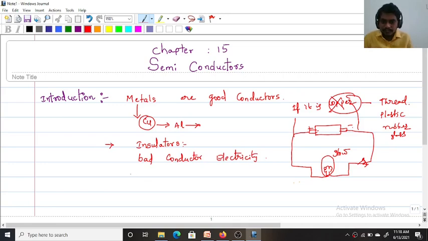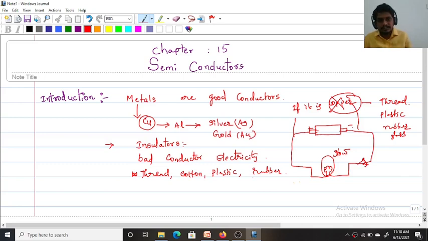Examples of insulators: thread, cotton, plastic, rubber, glass, etc. Examples of metals, as I already told: copper, aluminum, silver, nothing but Ag, and gold, nothing but Au.